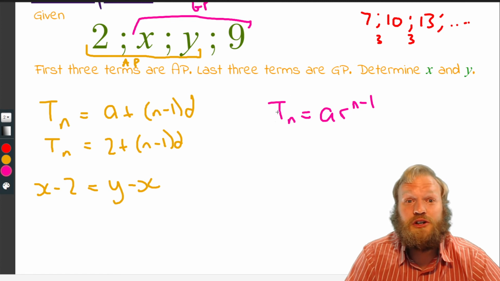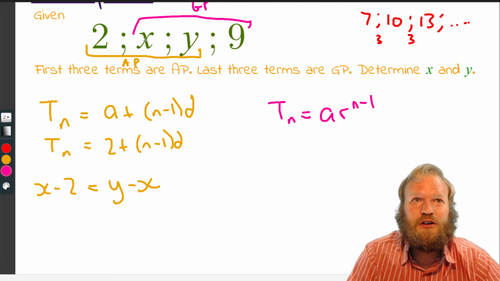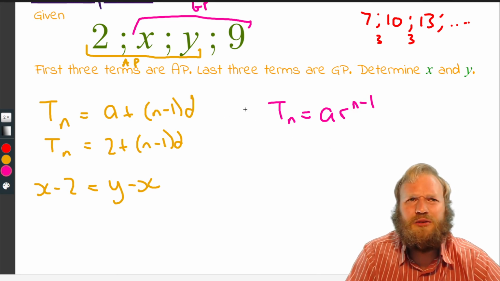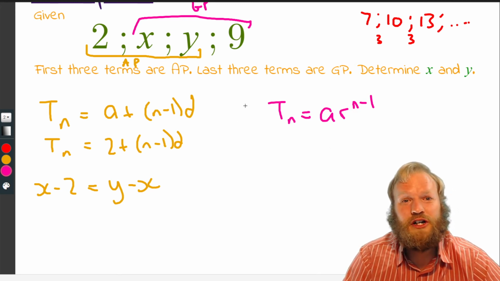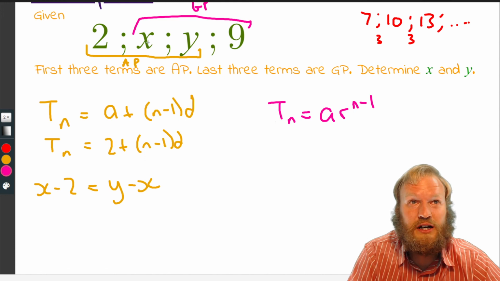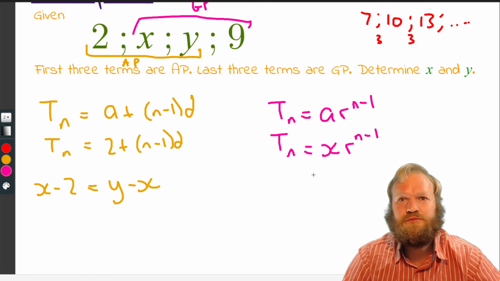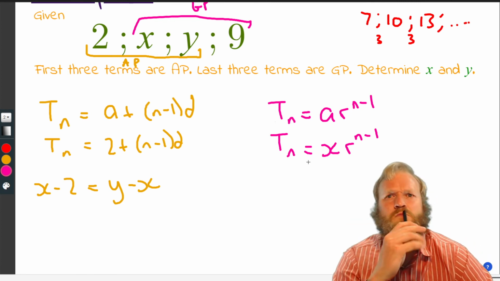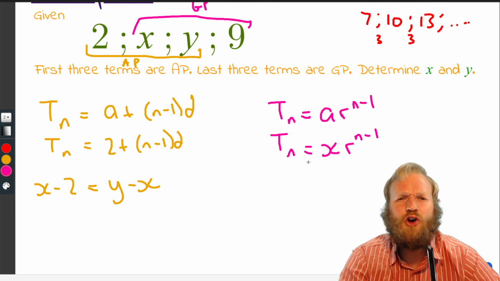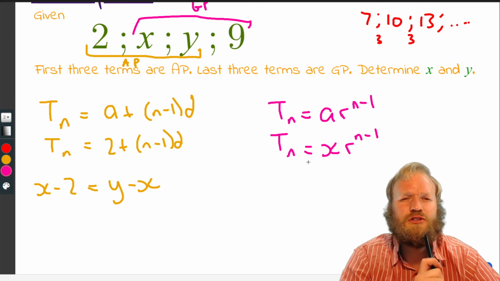Now let's see what we can do with our geometric. So in our geometric, it's this part here. So our value of a, what is a for the geometric progression? Well, it's this first one here, which is x. So in other words, we know that Tn equals x r to the n minus 1. Okay. Now, what do we know about geometric progressions?